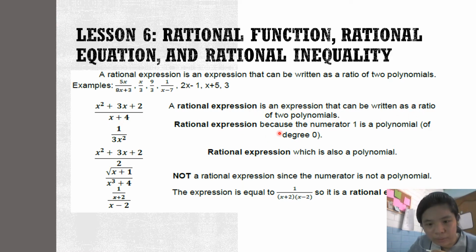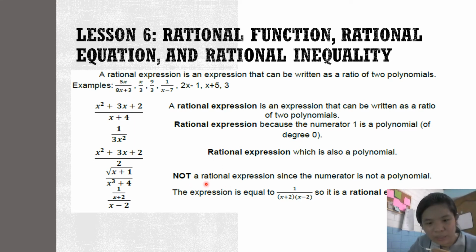How about, so it's because the numerator is 1, is a polynomial of degree 0. Rational expression, which is also a polynomial. So, rational expression is also a polynomial, but not all the time because of this counterexample.